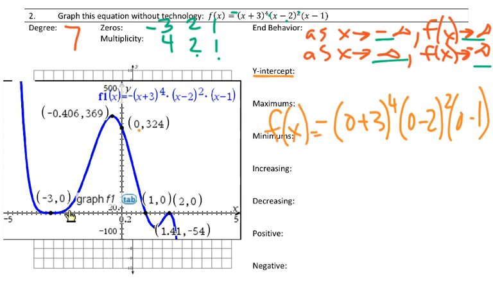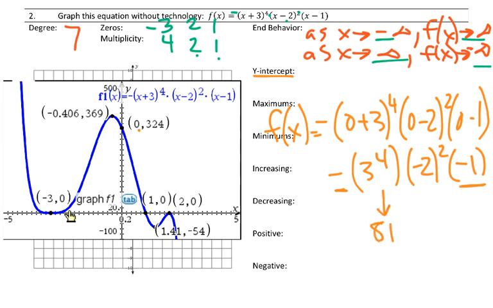So 0 plus 3 is 3, so I have 3 to the 4th times negative 2 squared times negative 1. Negative 1 and a negative, they'll basically become positive. 3 to the 4th is 81. 2 squared is 4. So 81 times 4 is about 324. So that's my y-intercept. 0, 324. Okay.